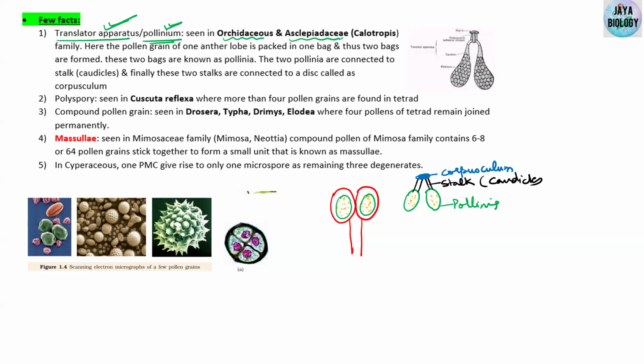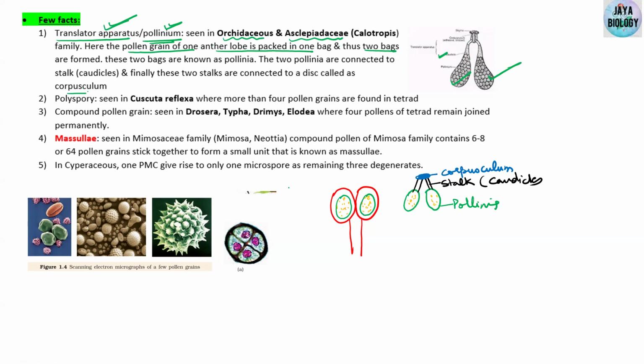In these 2 families, it is observed. Is it clear? So pollen grains of one anther lobe are packed in one bag. So 2 bags are there, which are known as pollinia. Stalk is known as caudicle, and disc is known as corpusculum.